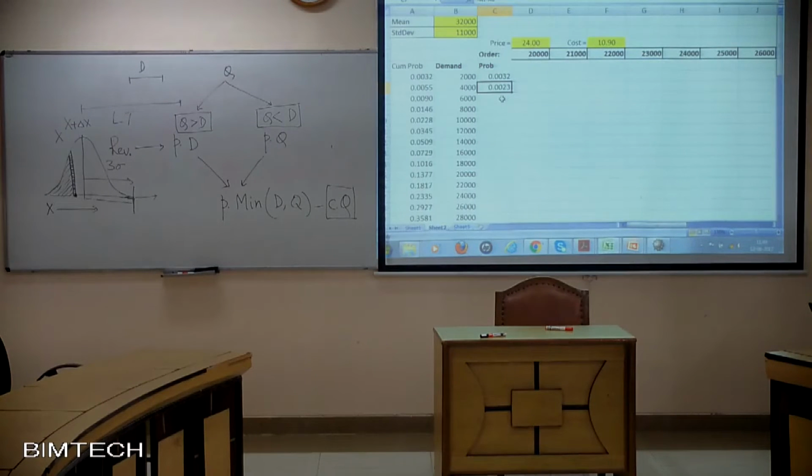Well, not exactly. It gives me the probability of the demand lying between 2000 and 4000, which we are approximating as the probability of the demand being 4000.